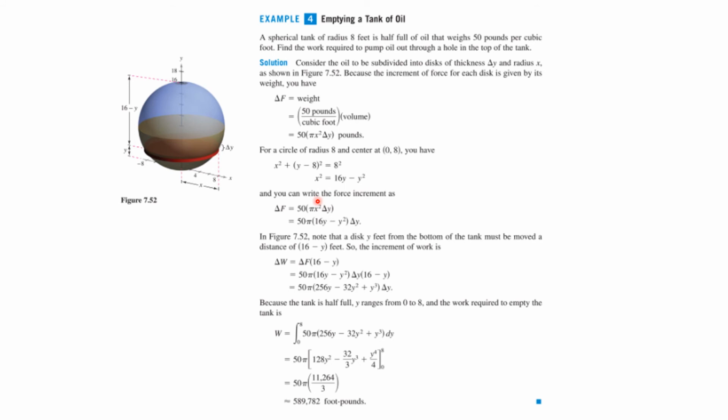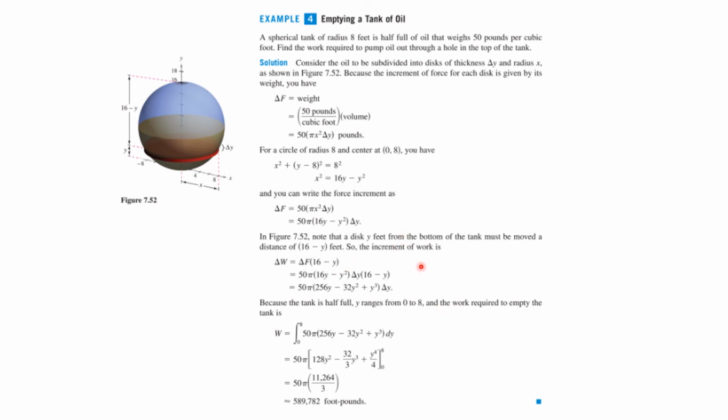So you see what we're going to be able to do is write the force increment as 16y minus y squared, because that's what's happening with this slice. Make sure you understand that. And you see x squared is always going to equal that at a height of y.